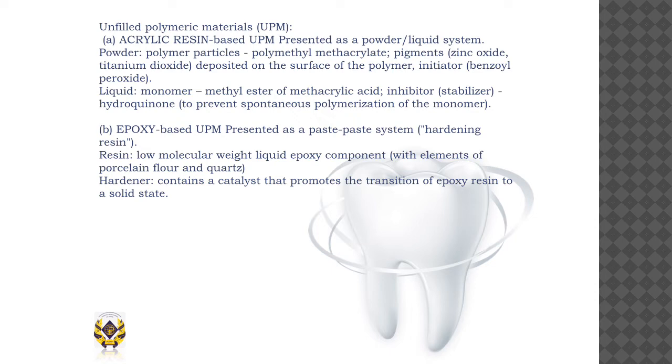The epoxy-based polymeric materials are a paste-paste system. The resin contains a low molecular weight liquid epoxy component with elements of porcelain flour and quartz, and the hardener contains a catalyst that promotes the transition of epoxy resin into a solid state.